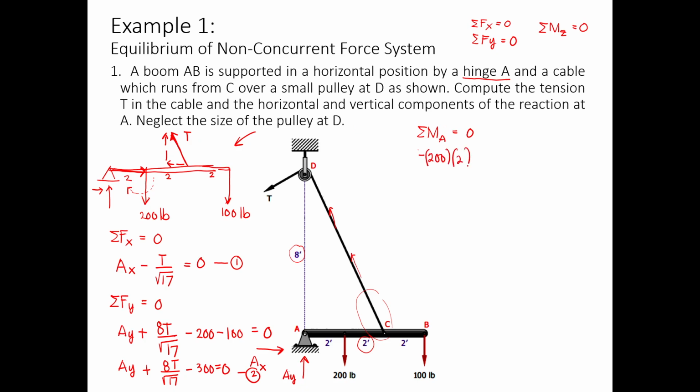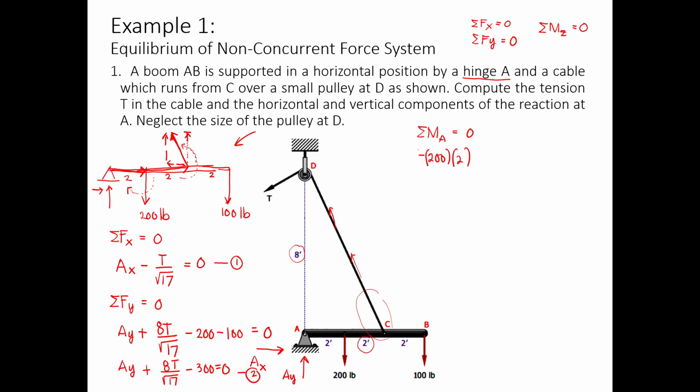times 2. And then for the next part, the vertical component of the tension is affected by the moment because this distance here multiplied by the vertical component of the tension will create a counterclockwise rotation, right?